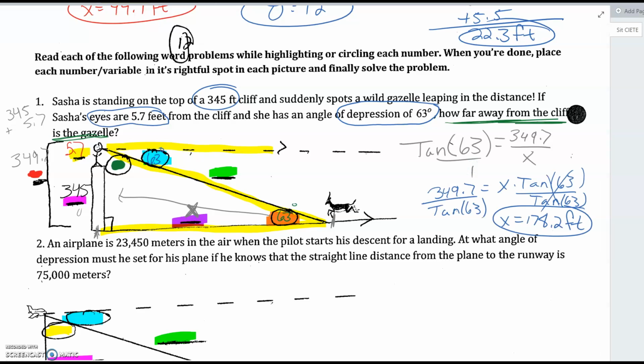Okay, so guys, the most overwhelming part of this is just labeling where everything goes. And I even drew the pictures out for you here at the beginning. So once you get to this point, it's really one of the same old questions that we've done before. It's just a matter of placing the numbers in their appropriate spot.